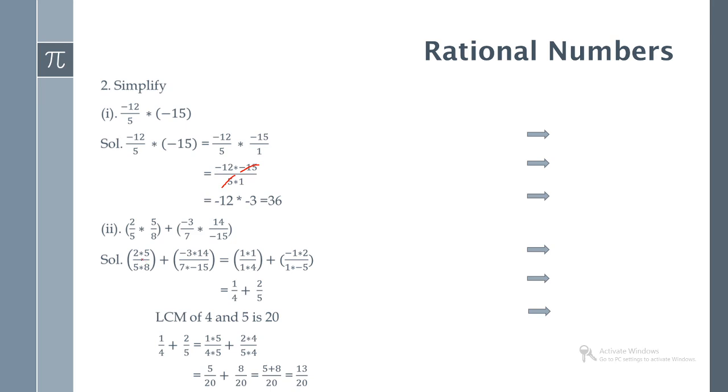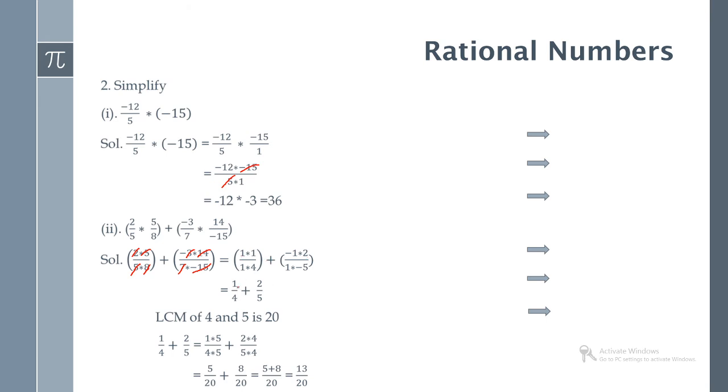Now coming to this. 2 ones are 2, 2 fours are 8, 5 ones are 5, 5 ones are 5, plus 3 ones are 3, 3 fives are 15, 7 ones are 7, 7 twos are 14.